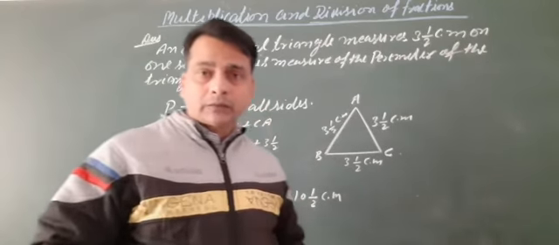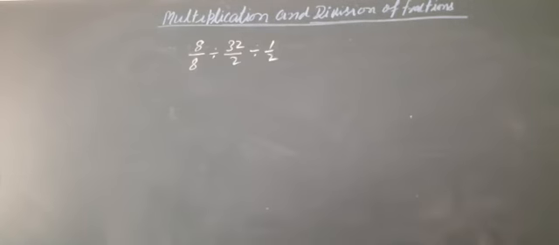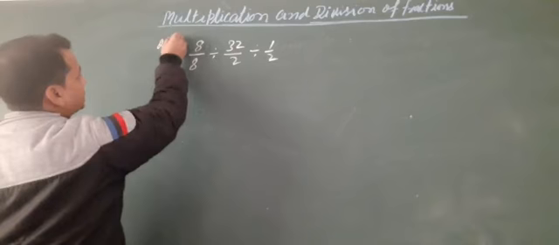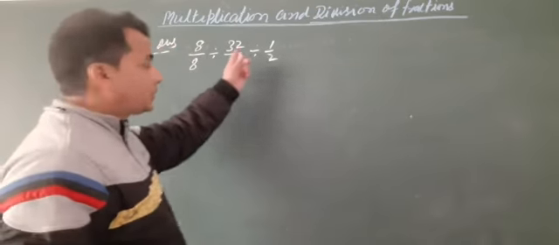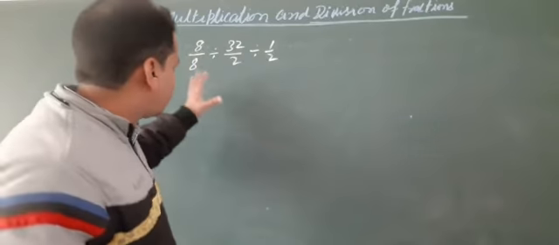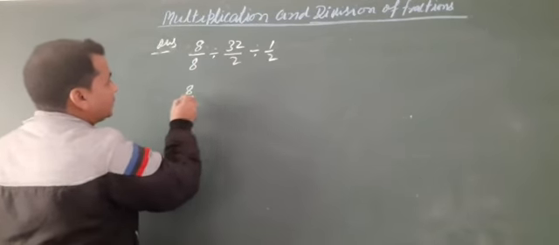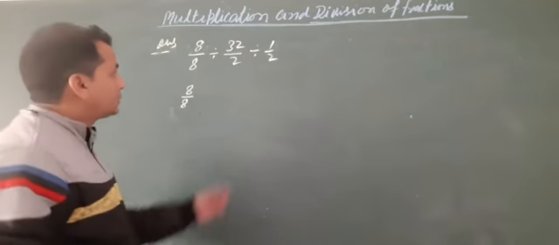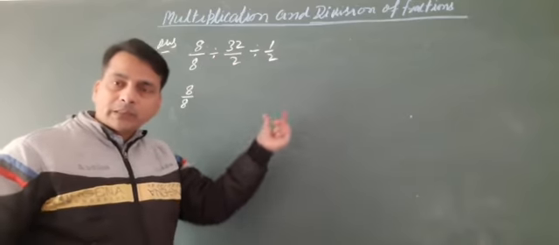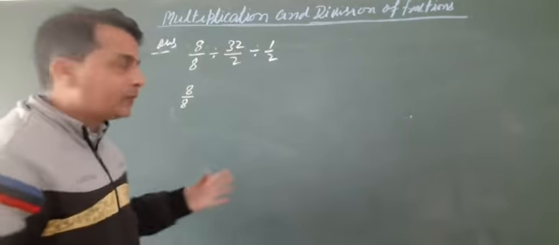Now the next question here is 8 by 8 divided by 32 by 2 and divided by 1 by 2. First of all, take the reciprocal of 32 by 2, and the sign of division will change to the sign of multiplication.